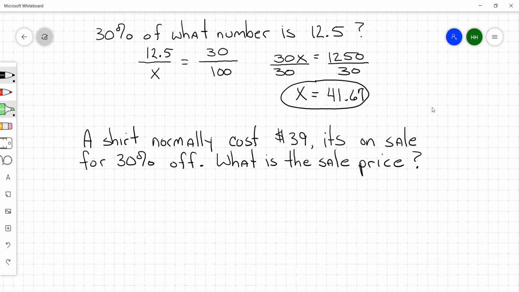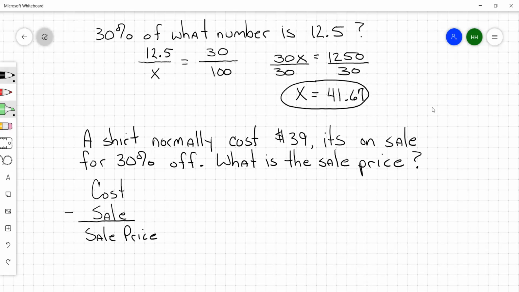If you take the normal cost and subtract the sale amount, you have your sale price.